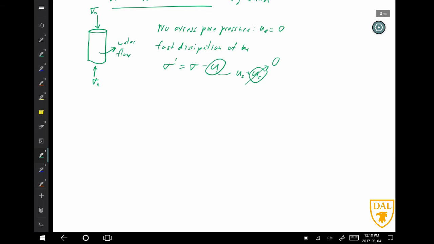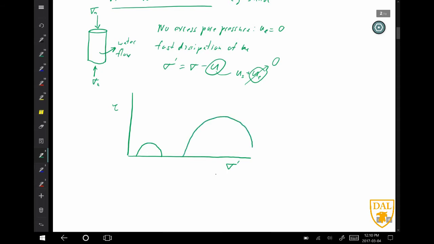Okay, so when you do some testing in a drained scenario, right, you end up consolidating it at different levels and develop some circles representing each test. And from that, you can fit a curve or a line, which is a failure envelope, to define the shear strength parameters.